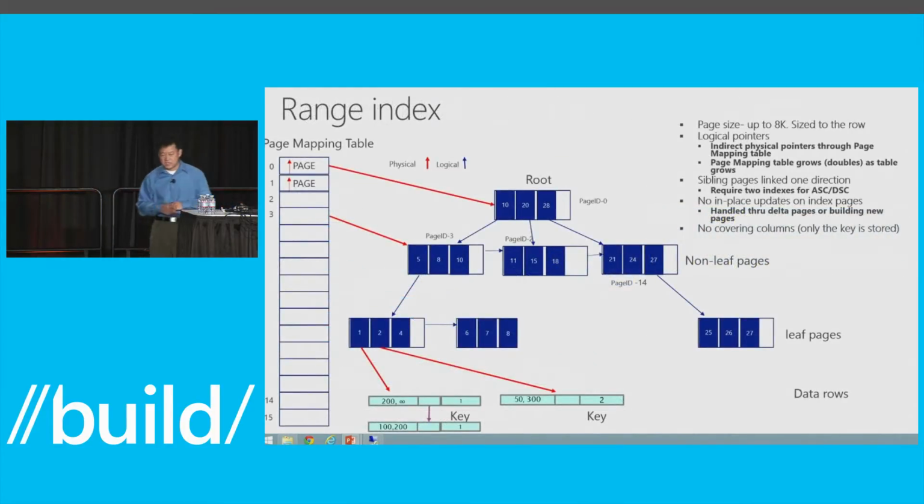So I talked about the hash index, and this is the range index. It looks like a B tree, doesn't it, right? But it's quite different from a B tree. The internal tree structure is what we call a BW tree. All the node updates are never in place. So you can see a lot of subtle differences from the regular B tree. And it's all updated with multi-version as well.